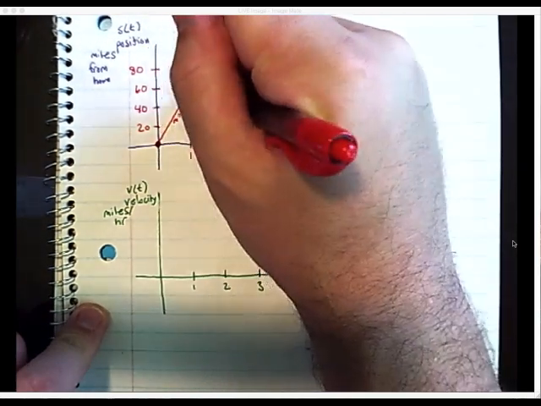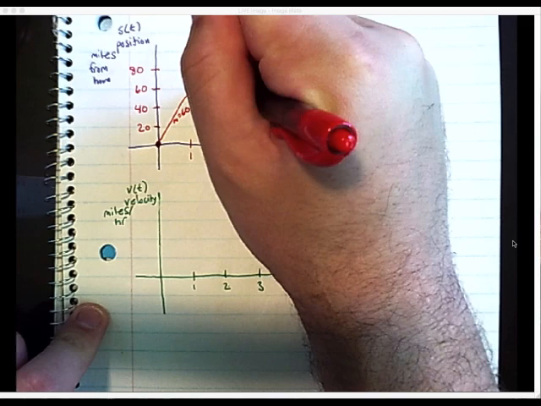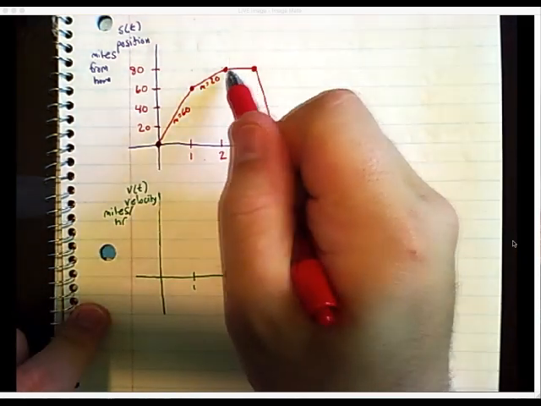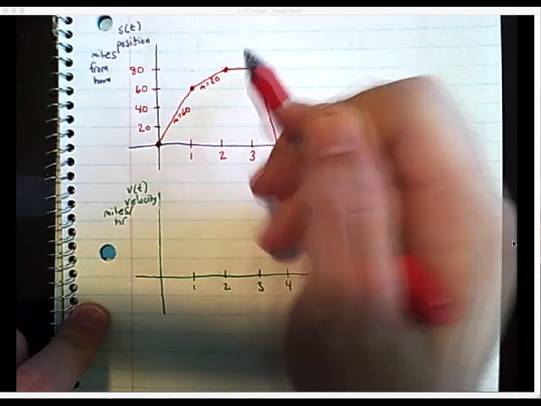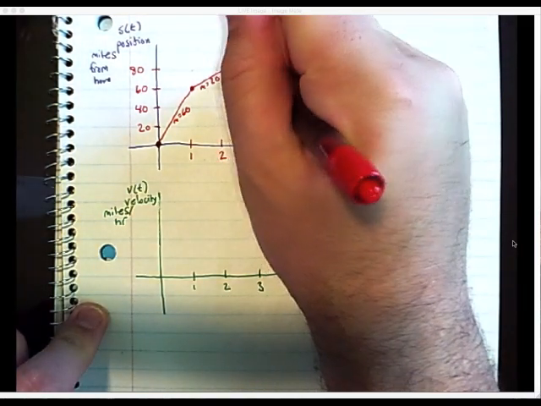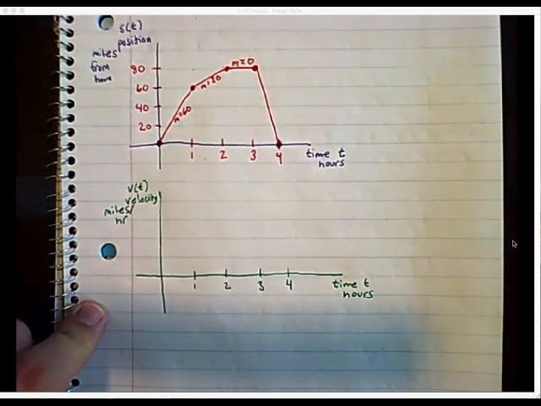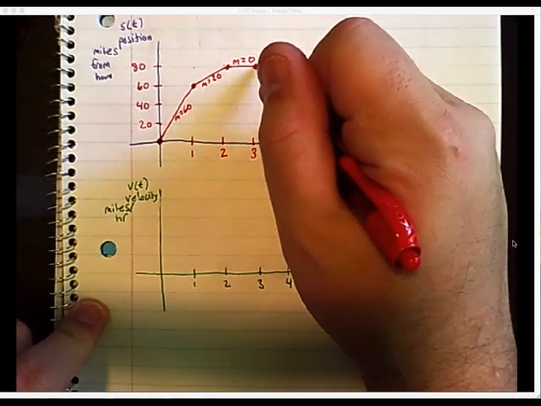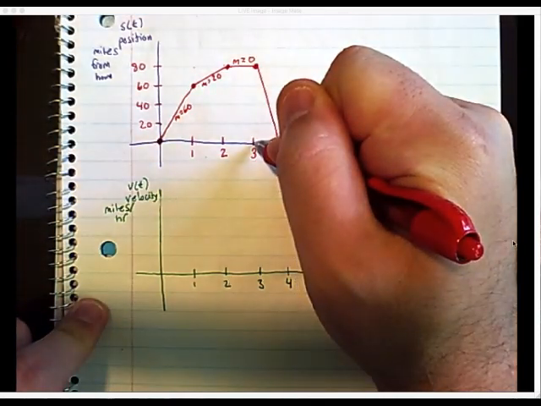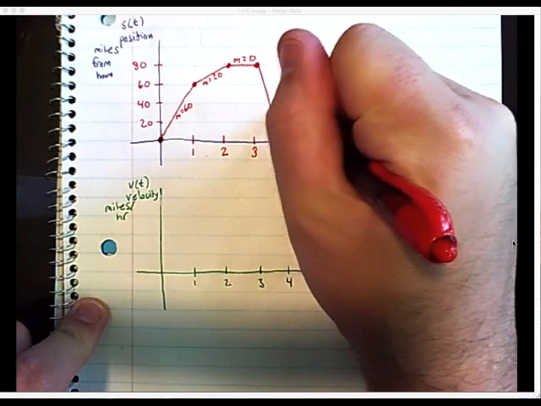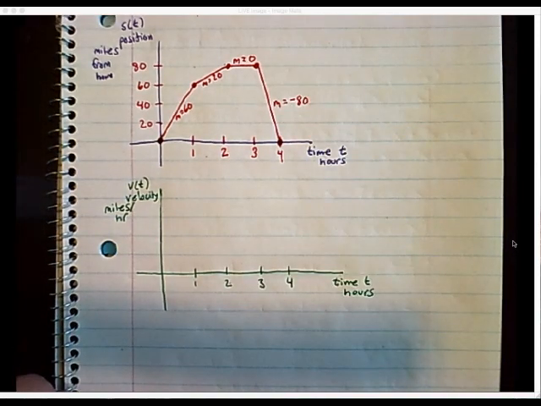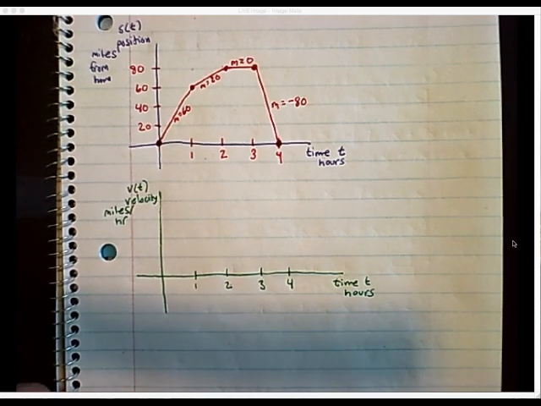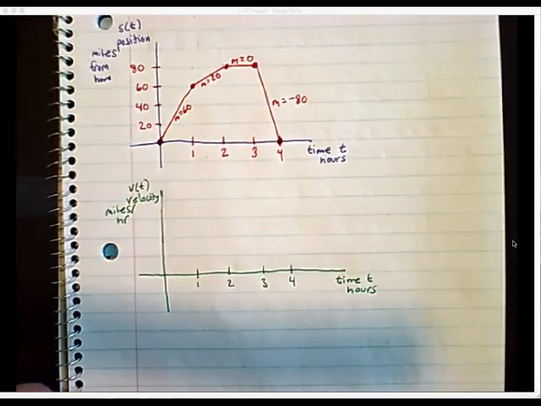So here the slope is positive 20. Here, I'm not rising at all, so I'm rising 0, but I'm running 1. 0 divided by 1 is still 0. So the slope there is 0. And the slope here, I'm going down 80 and over 1. So my slope of this line segment is negative 80. These slopes of the position function are important.